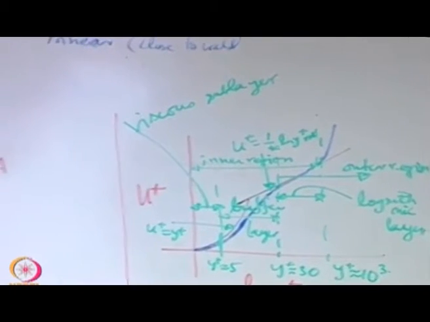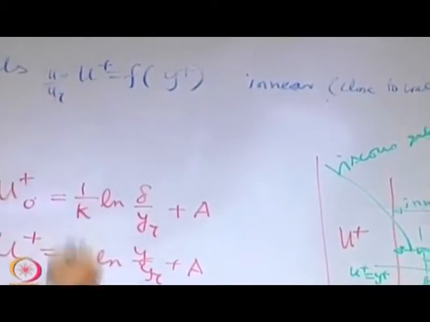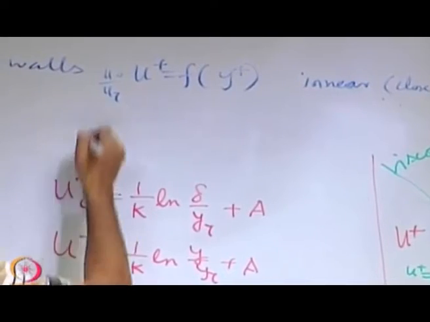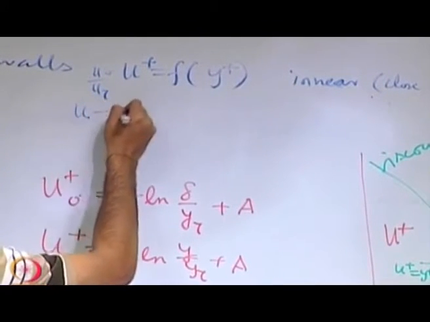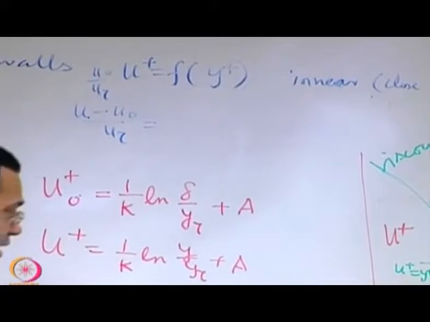If you go somewhat away from the wall, you know that u plus is u by u tau. Somewhat away from the wall, you have u minus u naught by u tau. Let us say it is a function of what? It is no more a function of the viscous effect.